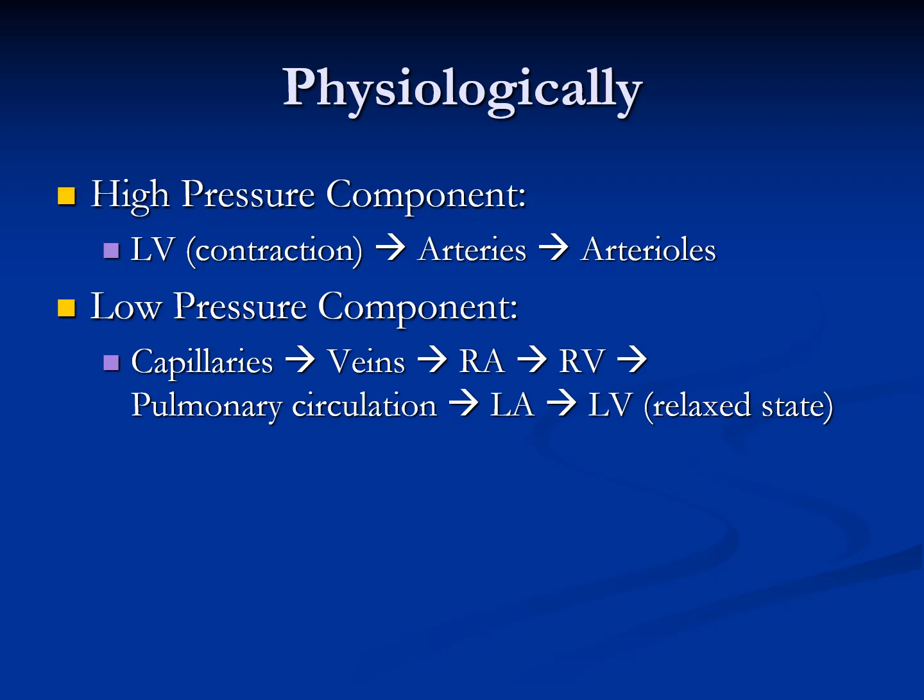So by the time blood reaches the capillaries, now you're in a very low pressure component of the circulation. Capillaries have a very low pressure. Blood then reaches the veins, low pressure. The right atrium, the right ventricle, low pressure, because the RV, even in systole, generates 20, 30 millimeters of mercury. That's still low pressure compared to the left ventricle.